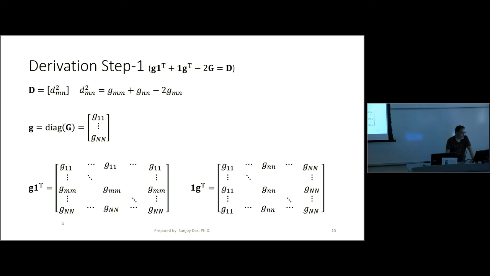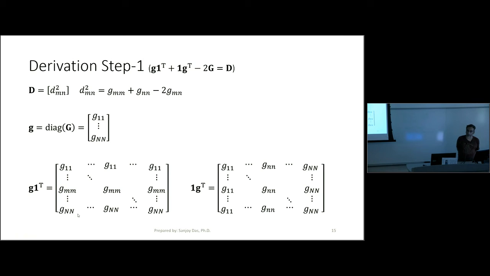The same G will be repeated so many times. 1 transpose is a row vector of all ones: 1, 1, 1, 1, 1, 1. Right? So G1 transpose gives us this. The first row here is all G11s. Second row here is all G22s and so on.